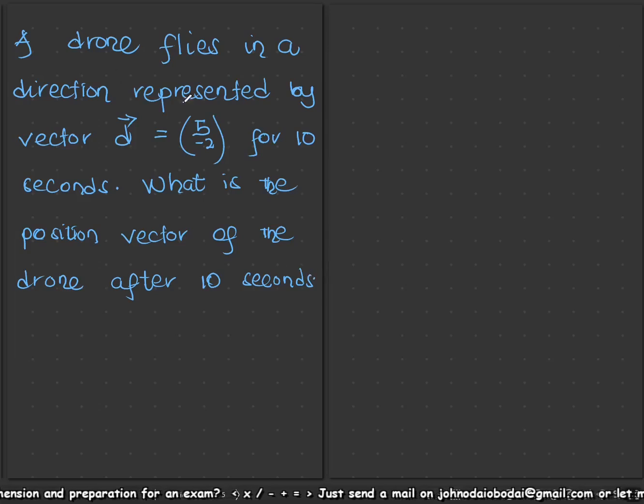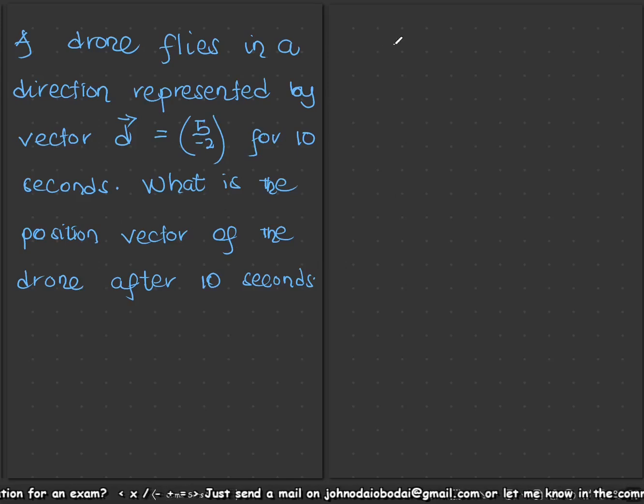It says a drone flies in a direction represented by vector d, which is equal to 5, -2 for 10 seconds. Now, what is the position vector of the drone after 10 seconds?